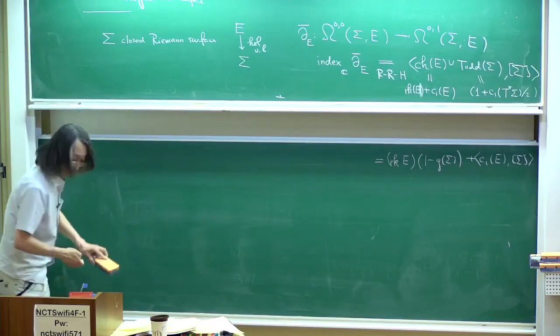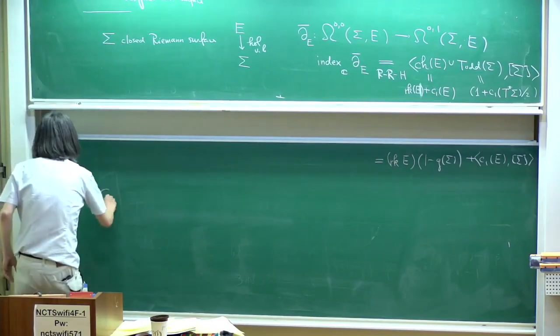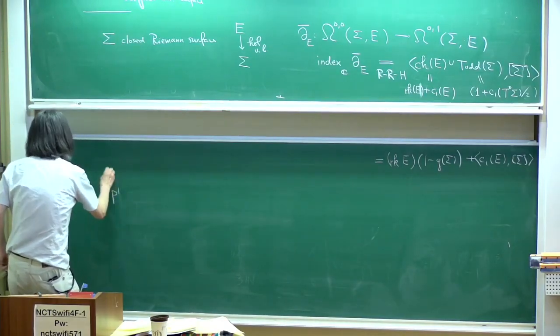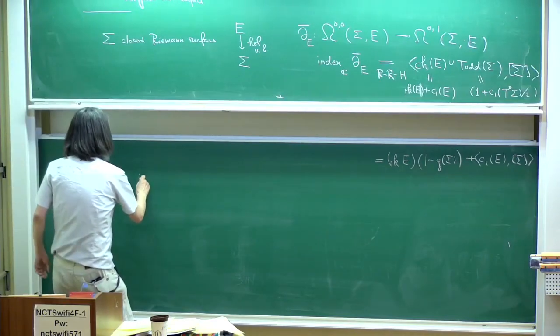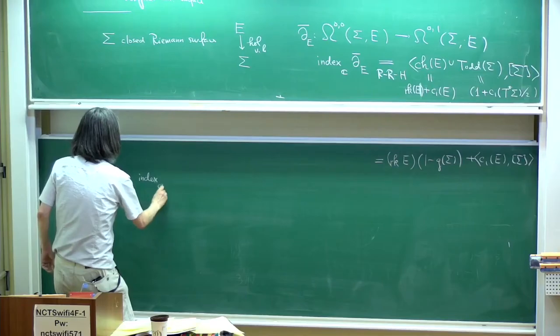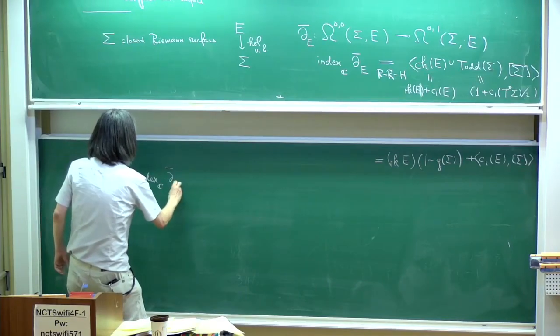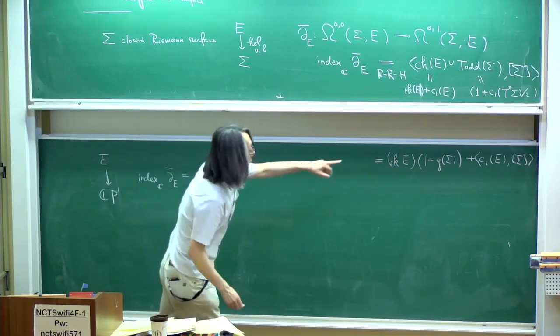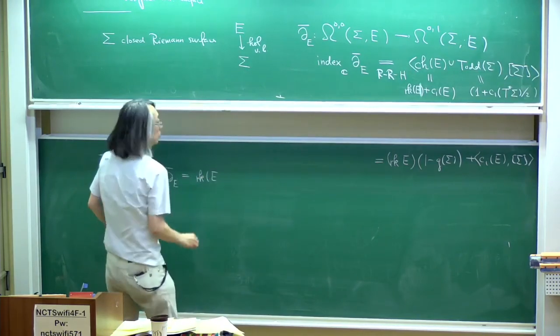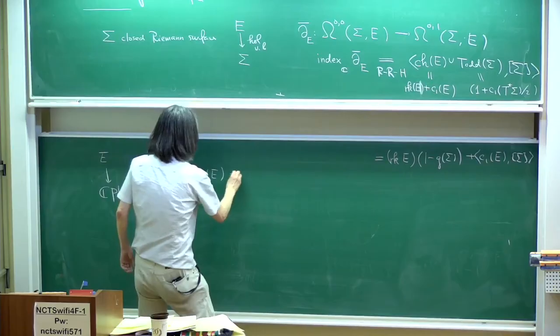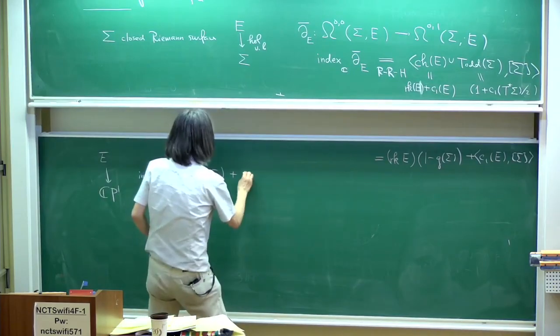Because I only use disk data, in this case the complex index of this operator is equal to just the complex rank of E plus the first term plus this.